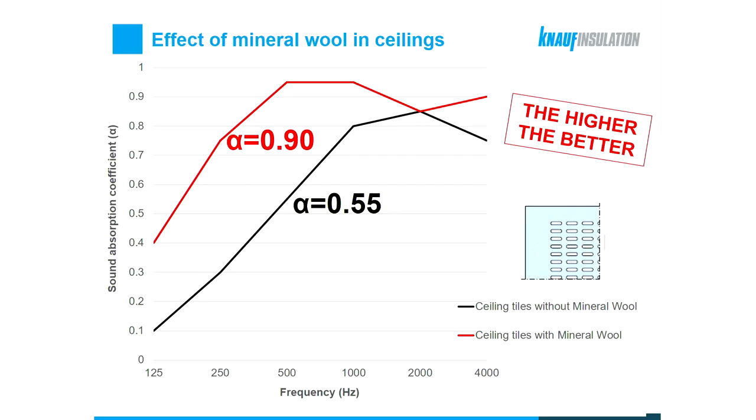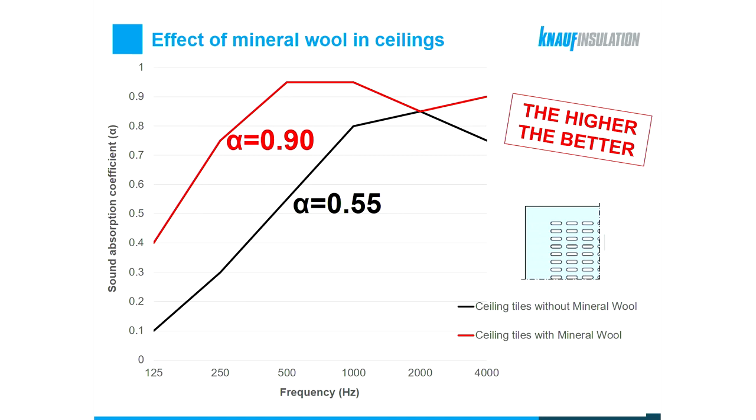After adding the mineral wool insulation on top of the ceiling, here is what happens with the sound absorption. We have an increase across all the frequencies, and the average increase from 0.55 to 0.9 of the sound absorption coefficient.